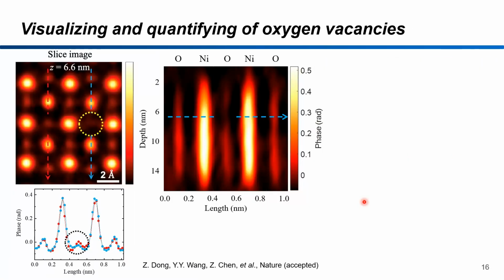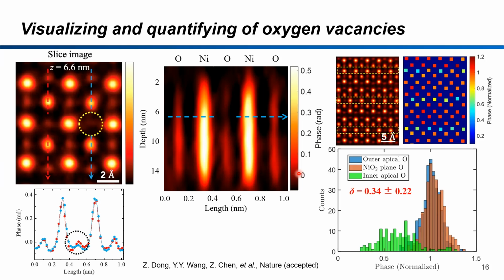We also quantify these oxygen vacancies from a newly discovered oxide superconductor. Here you can see the oxygen along this direction, this side, not this side. And also along the depth direction, you can see a much weaker contrast in this oxygen column.